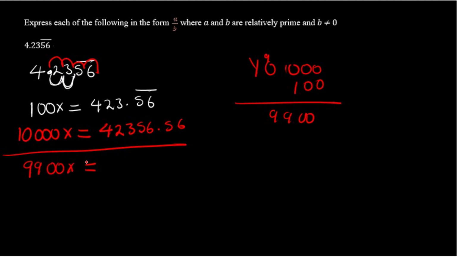So what you do next, you need to subtract that one, right? Which is 42,356 and 42,446. So that is 4, 2, 3, 5, 6.